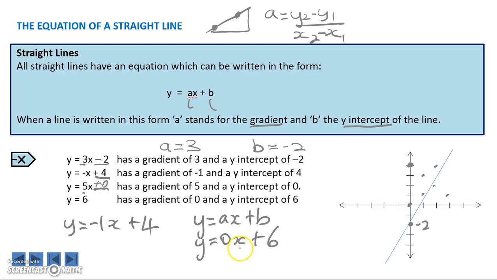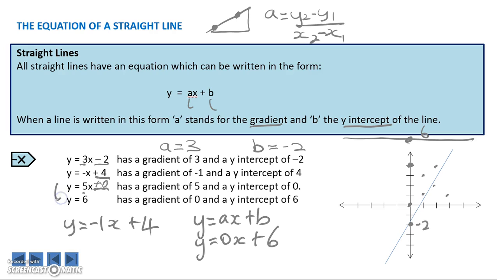And so this would end up being nothing, it'd be 0, and so that's how we come up with y equals 6. So that tells you that it hasn't got a gradient. So have a think about what that line might look like if it doesn't have a gradient. It would be a flat line, and it would probably sit up somewhere like this at position 6.